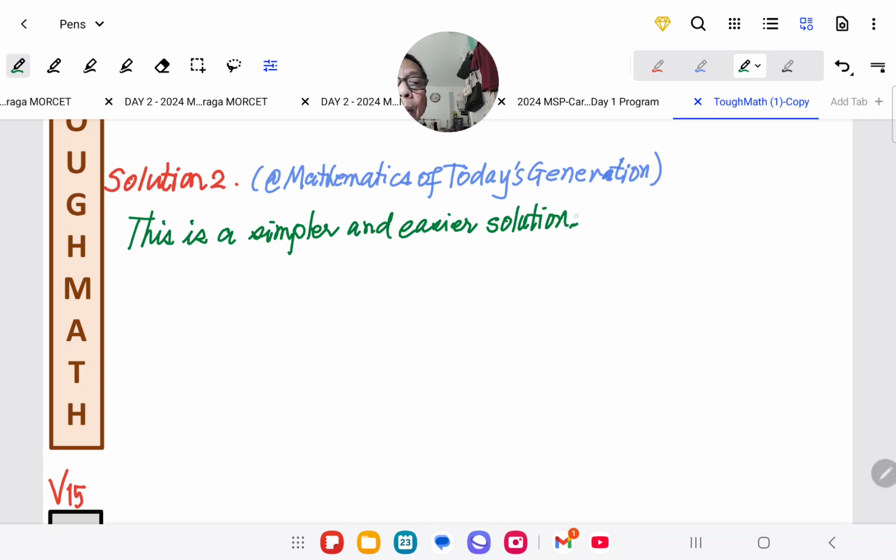So instead of looking at x, we look at its reciprocal.